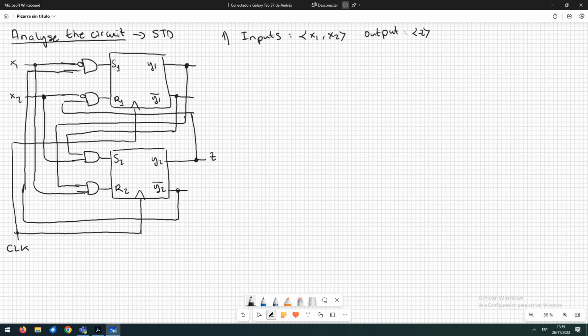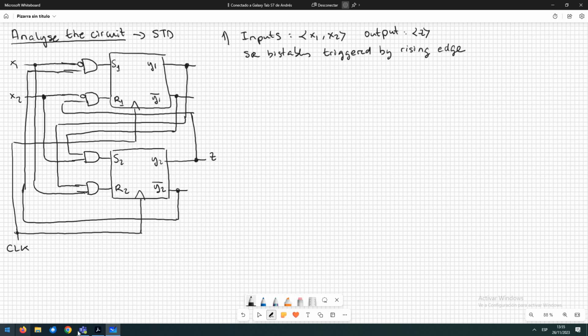So if we look at the clock signal, we can see that we have SR bistables that are triggered by rising edge, just looking at the symbol we have in the block. Okay, so we have finished the first step.